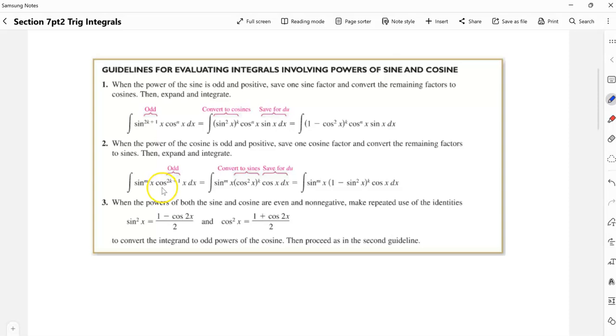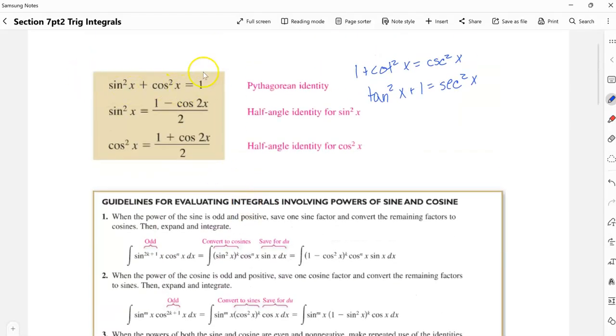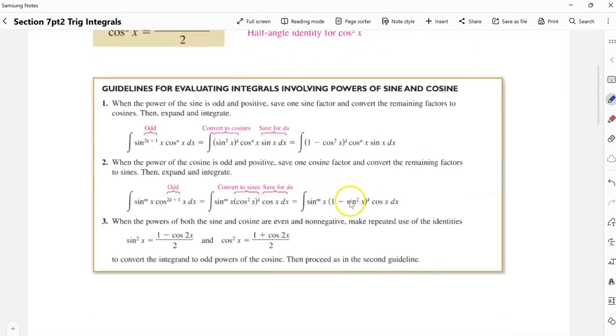If the number of cosines we have is odd, and notice the stuff is multiplied together, then we could do the same kind of thing, converting some stuff to sines using that same Pythagorean identity, solving it for cosine squared. That would be equal to 1 minus sine squared, and then multiplying through.